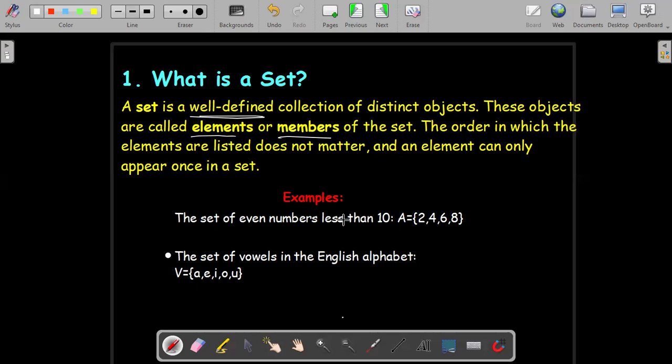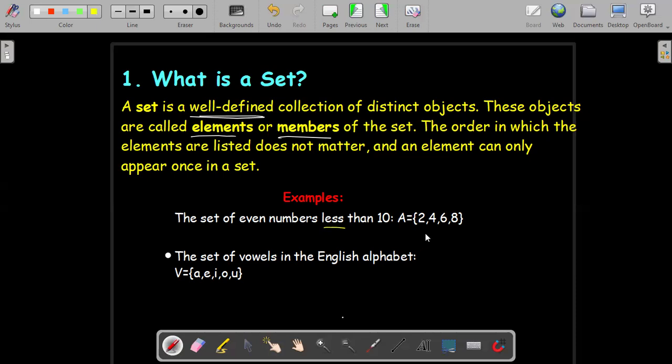So the set of even numbers less than 10, meaning 10 is not part of it, because we're just saying numbers that are strictly less than 10.